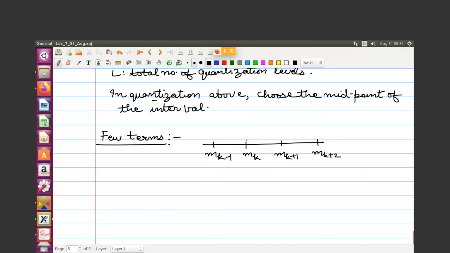And suppose this is your v of k. This is called a partition cell. The m of k are called decision levels for all k, or decision thresholds.